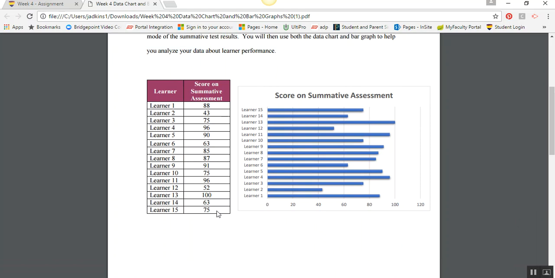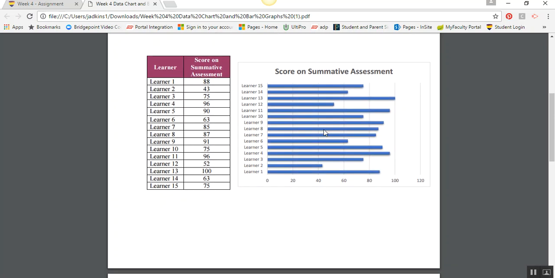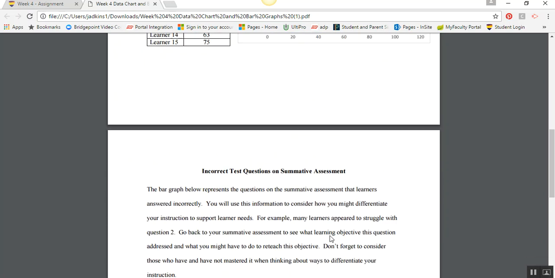Let's just assume it's the summative assessment that you developed for your students, and there are 15 learners in the session that you're teaching. This shows the scores that they got, and this is just that information translated into a bar graph, so you can more readily see which students were struggling and who is doing well.